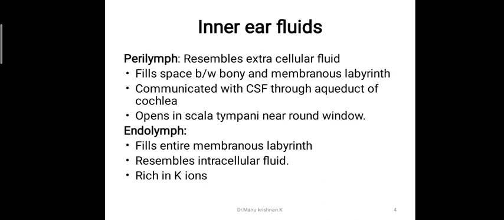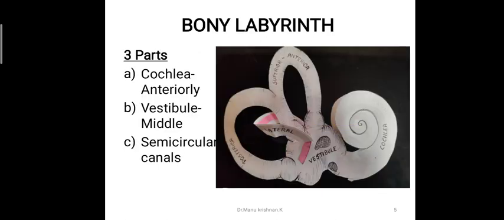We have seen two windows on the medial wall of the middle ear cavity, the oval window and the round window. The endolymph fills the entire membranous labyrinth, and it resembles the intracellular fluid and is very rich in potassium ions.